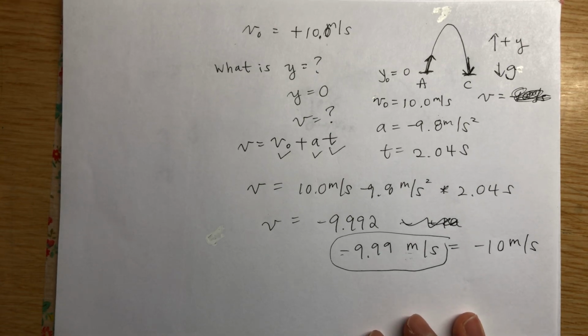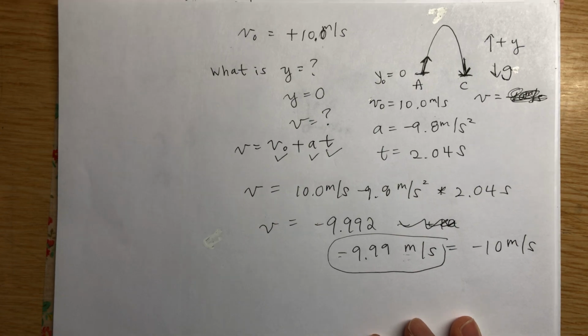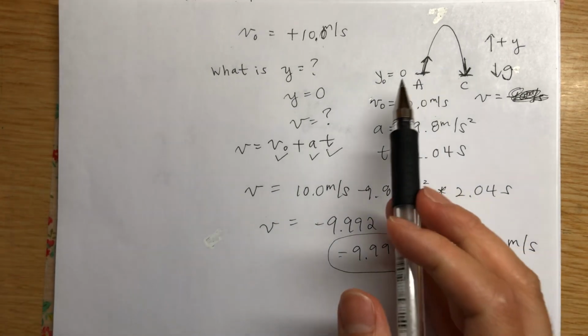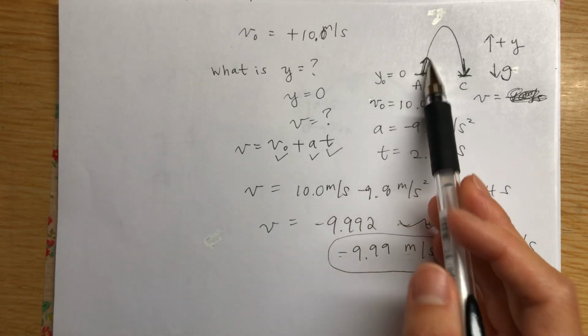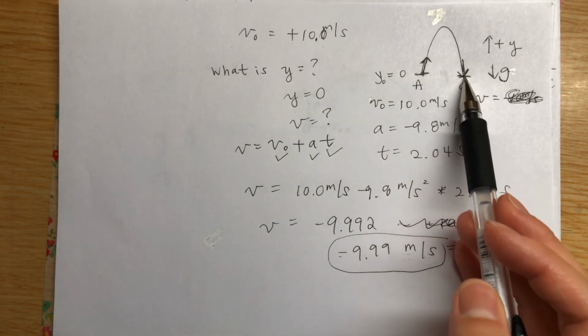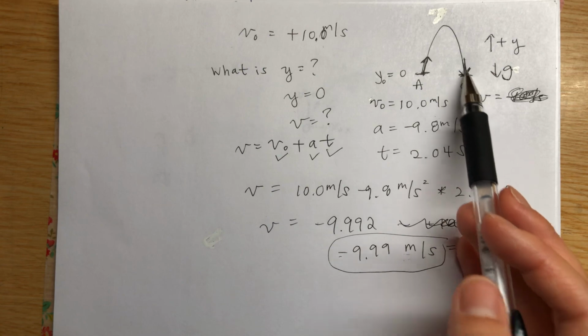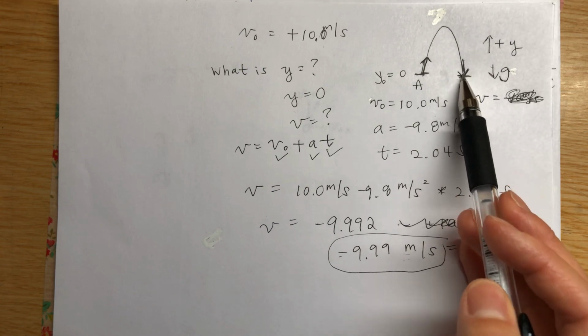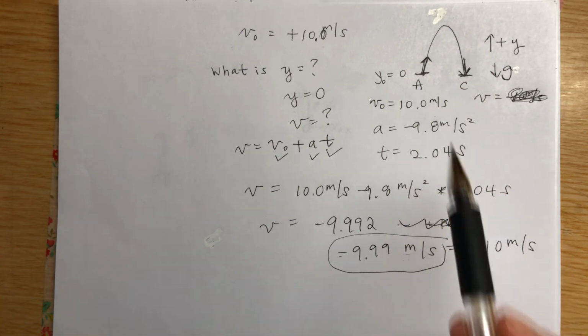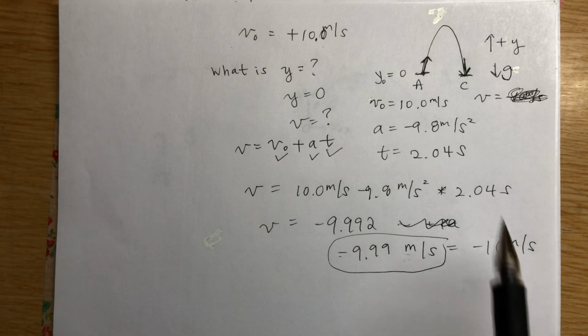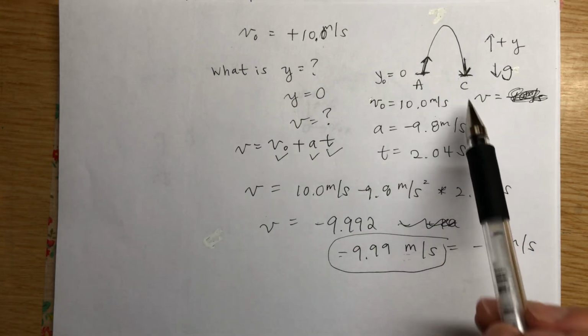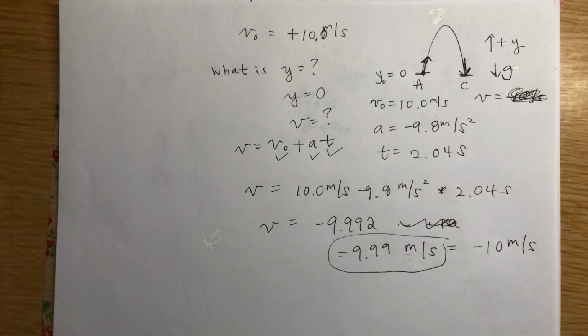So we showed that the initial velocity of 10 meters per second is the same as going down, as it goes back to the person's hand. Also 10 meters per second, but negative, downwards: negative 10 meters per second. Okay, so yeah, we're done with this problem.